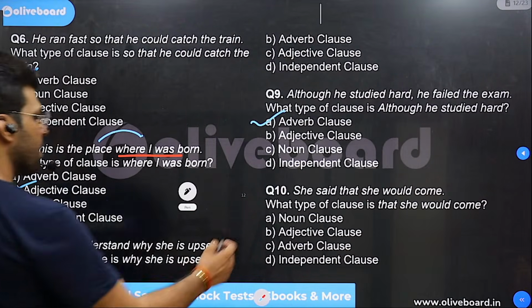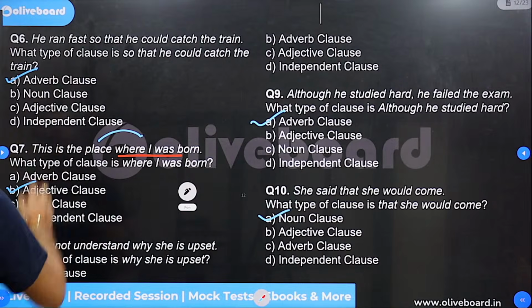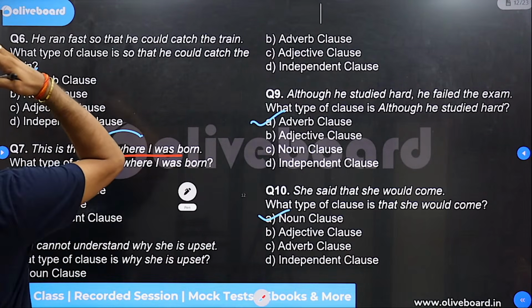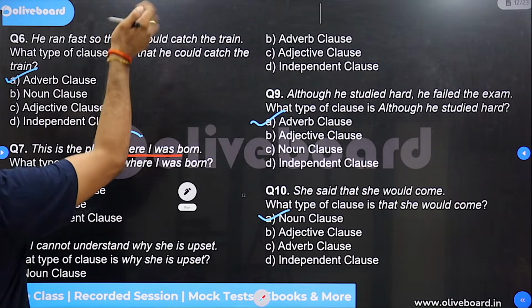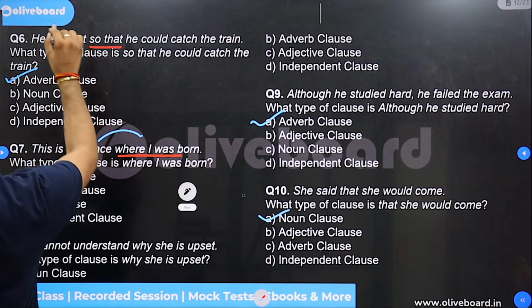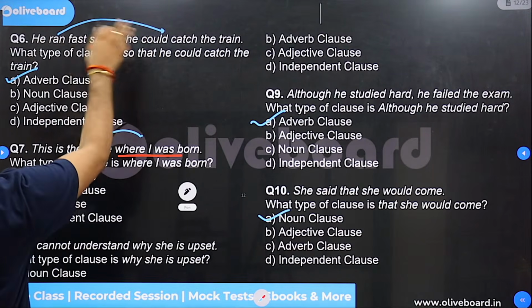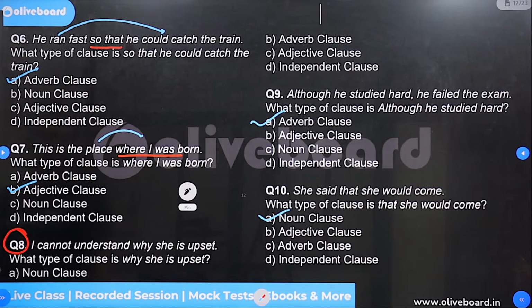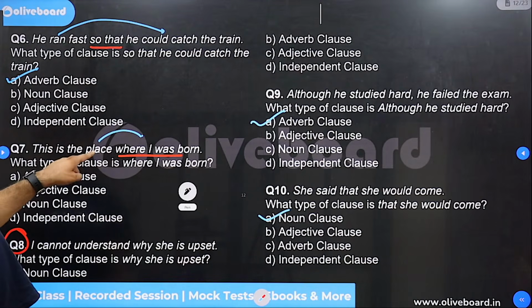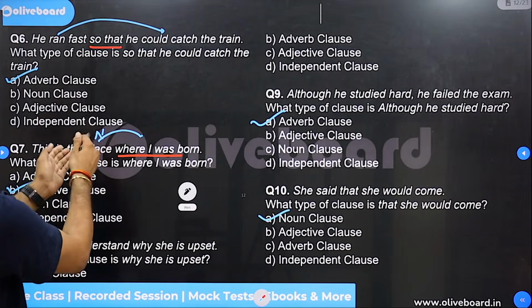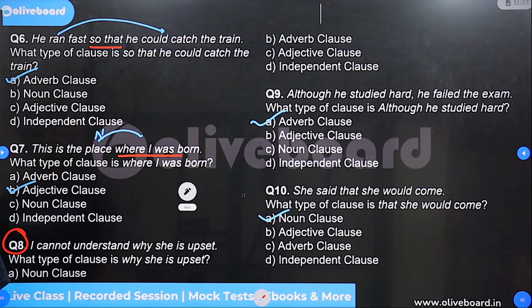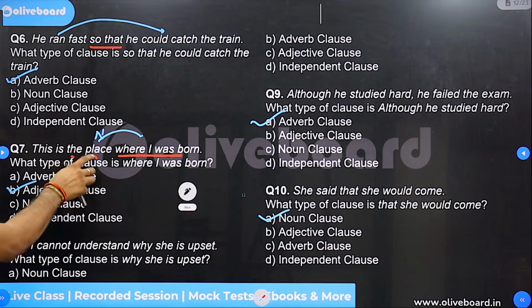Exactly. Done. He ran fast. Why? So that he could catch the train, showing purpose. Why he ran fast. Verbs are modified by adverbs. That's the place. Place is a noun, and nouns are modified by adjectives. So, where I was born is an adjective clause modifying the noun with the article place.